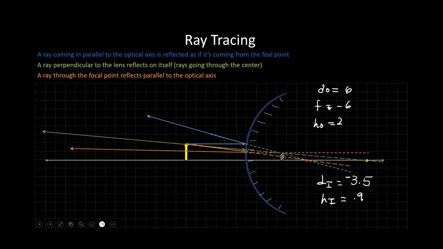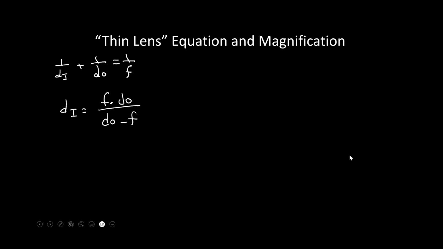So DO is 6, F is -6. -6 times 6 over 6 minus -6. Do not be hasty over here and forget to take the negative of the negative. Otherwise, you get a 0 in the denominator, and DI will be at infinity, and that is not the case.